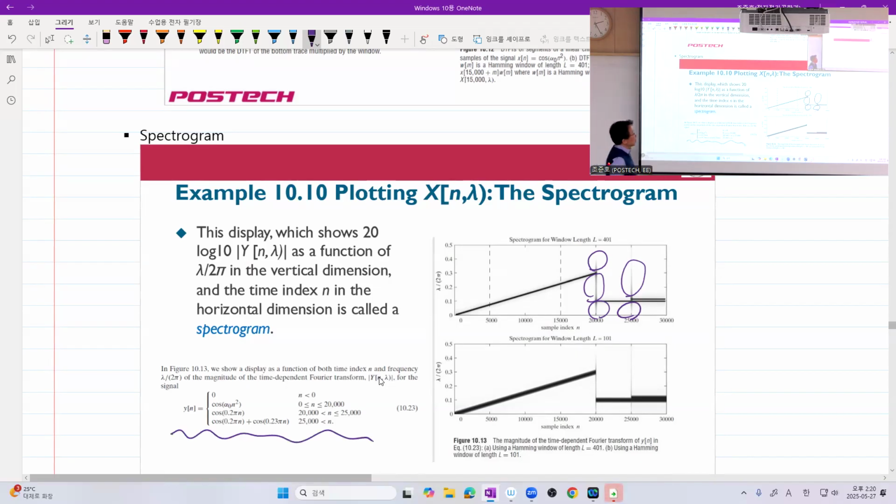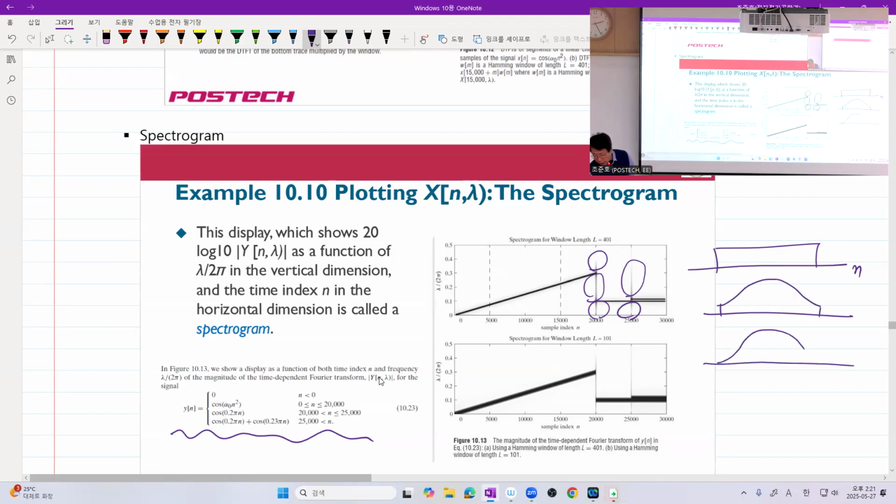And this effect could be reduced by tapering the window. So if this is the rectangular window in time domain, we may have some tapering, even like that, to have less and less of these effects of abrupt change or time limitation.